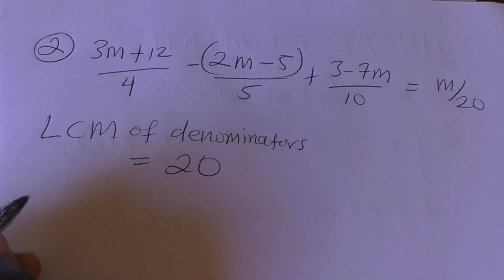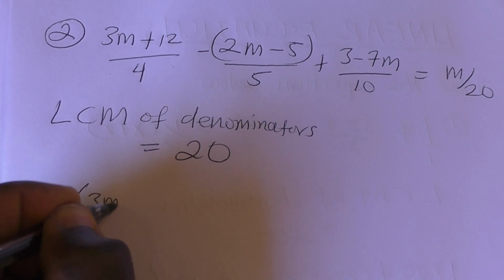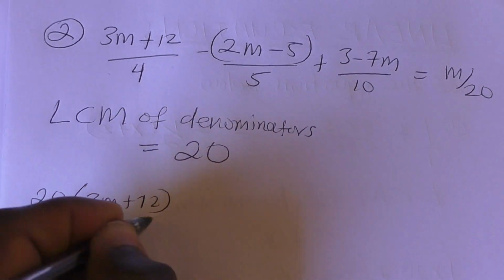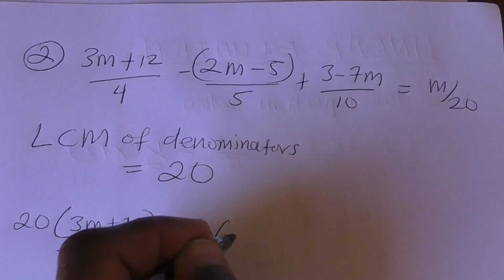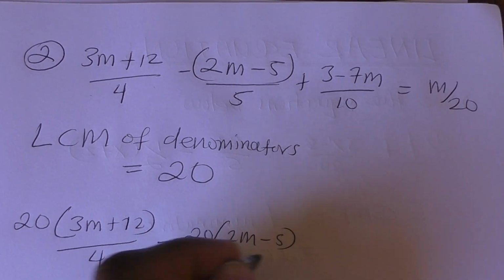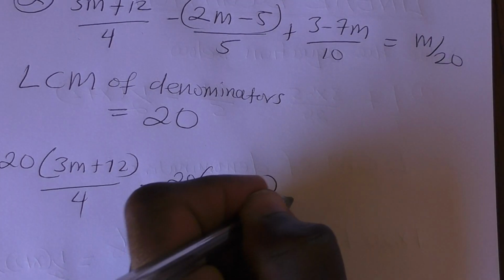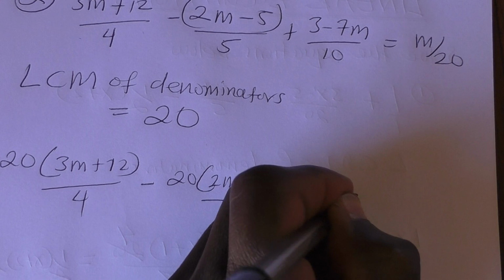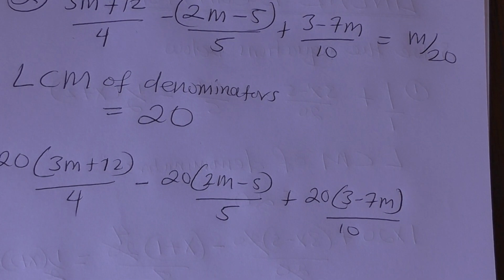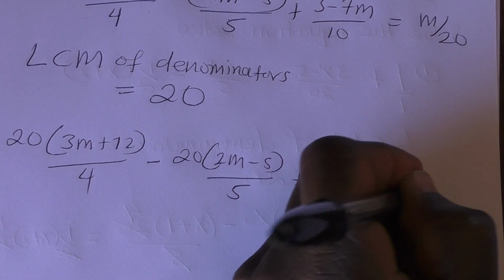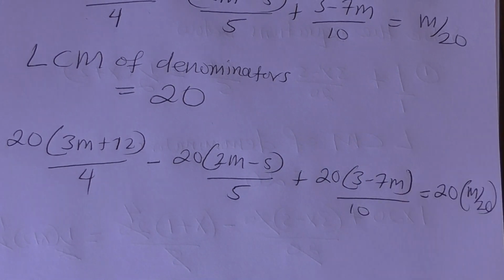That is to say, you get 20 into 3m plus 12 over 4 minus 20 into 2m minus 5 over 5 plus 20 into 3 minus 7m over 10 equaling to 20 into m over 20.